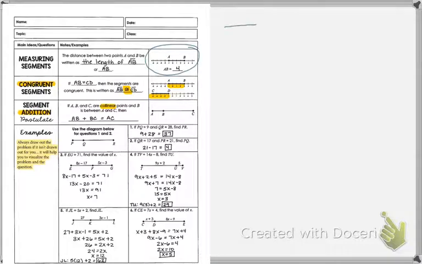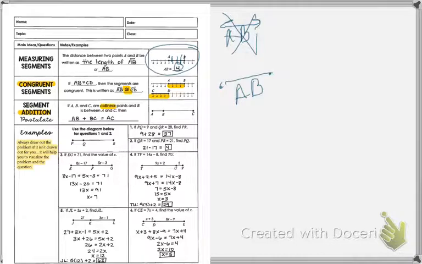You know how with a line you had the arrows and then you had the letters? Well, that's not correct for segments. Segments have endpoints. They have a point at each end, A, B. And easy enough, here you just count the spaces in between the two endpoints. 1, 2, 3, 4. So AB is 4.